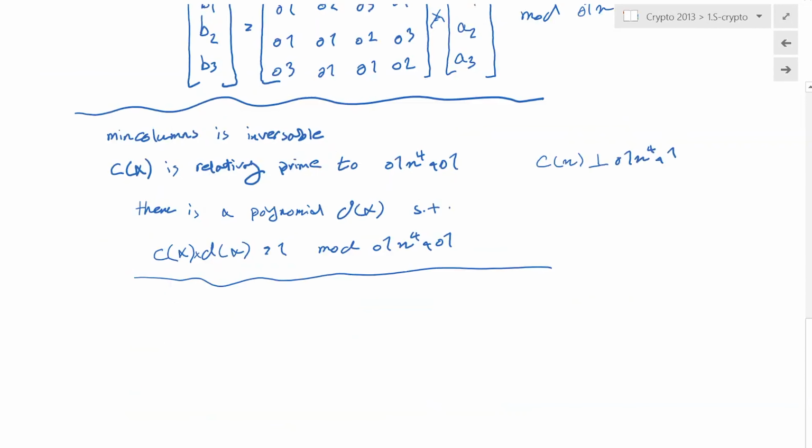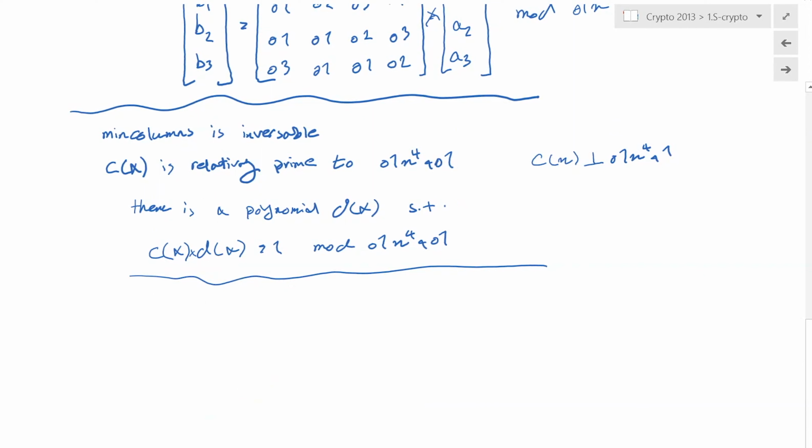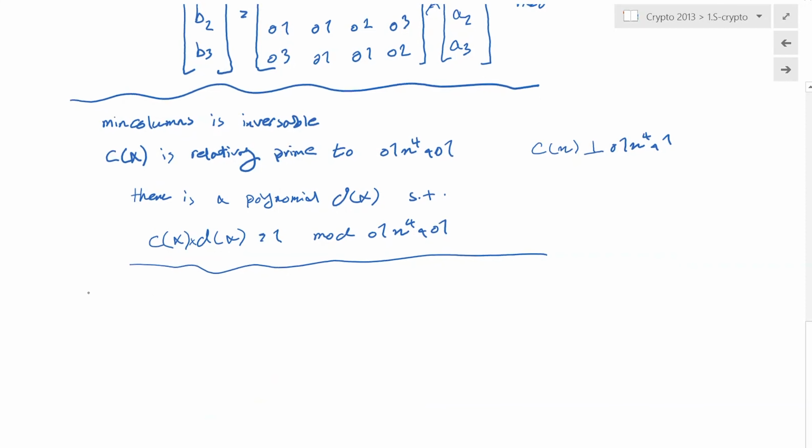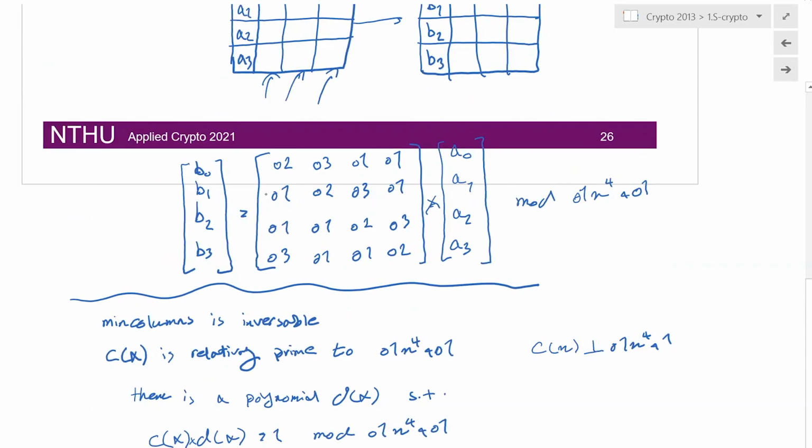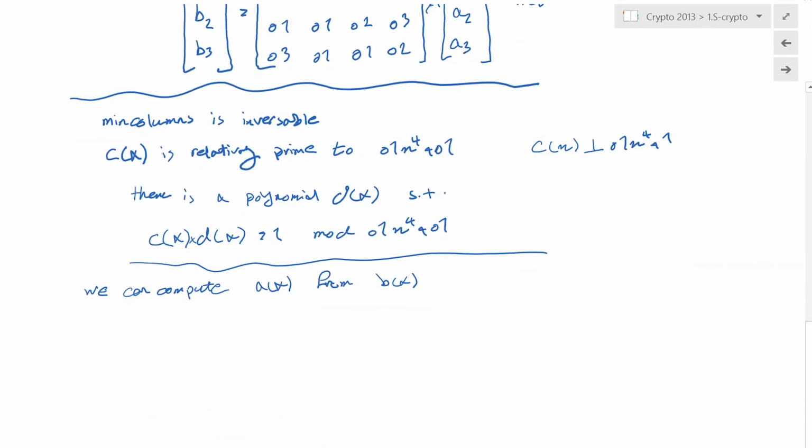Which means that we can compute a of x from b of x, right? Remember that after we do this computation, the result, we call it b. So how is so?